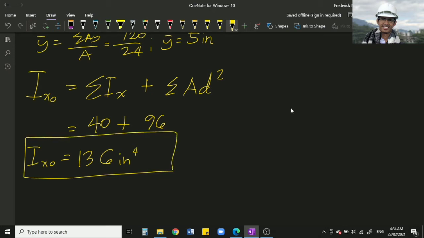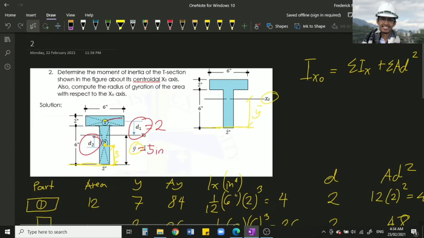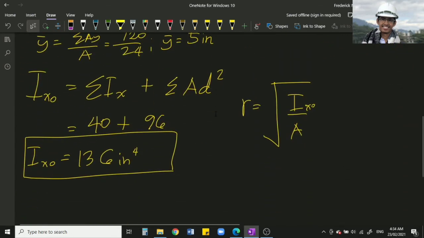And for the radius of gyration, so sabi natin R is equal to the square root of I over A. So yung I natin will be with respect to the XO, no? So sabi niya doon, radius of gyration with respect to the XO axis.